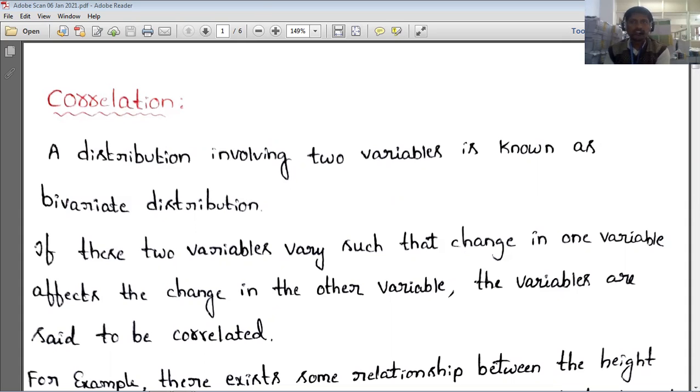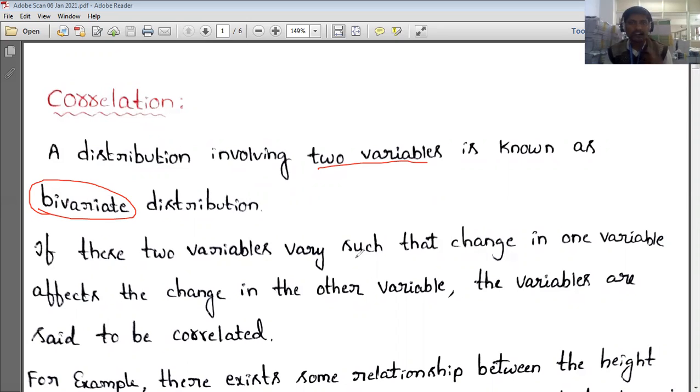A distribution involving two variables is known as a bivariate distribution. Why? Because variate means variables, so we use the plural for bivariate distributions.